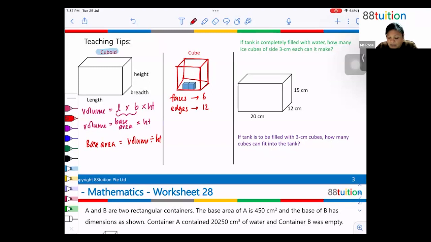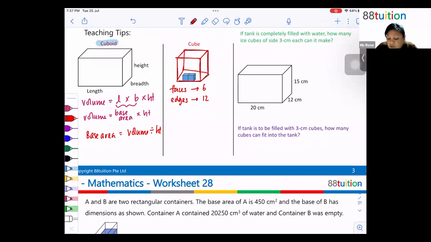Okay, we went through last week, if let's say you have a tank which is completely filled with water. Now, when it comes to volume questions, before I continue with this part, can you see the cubes that I have here? Last week, if you recall, we actually have water being displaced.